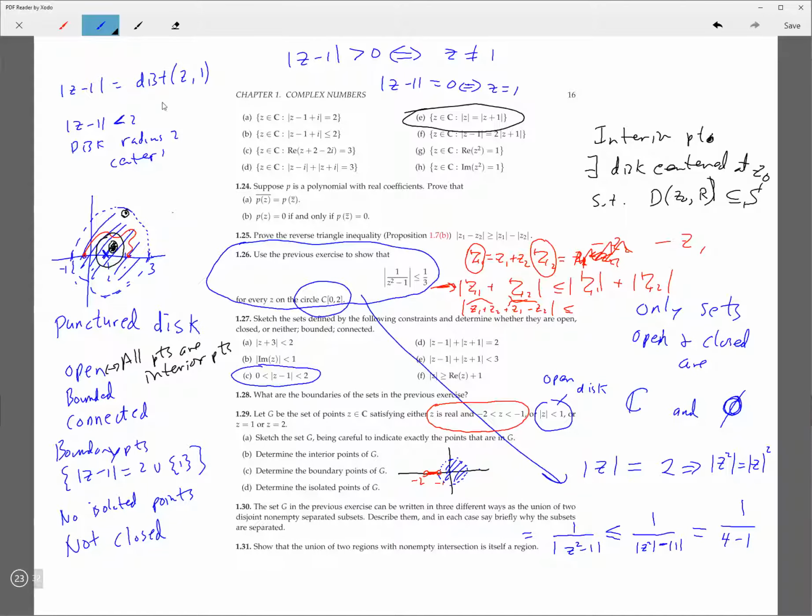So how do you tell if it is a line segment, or a point, or a disk? I guess you get it from experience, but you kind of have to follow what they're trying to tell you. So z is real. That means that you've got to be on the real axis, right? And then they put this restriction here, so that means it's a line segment on the real axis.